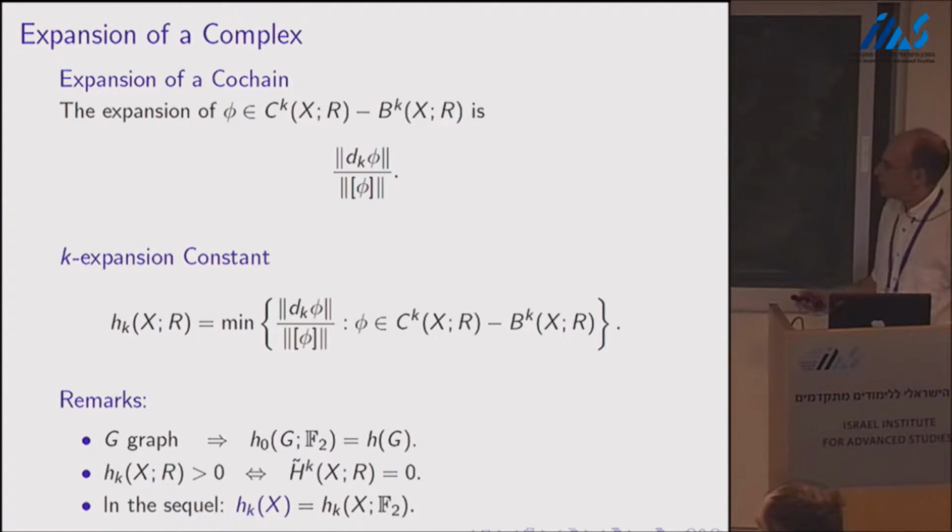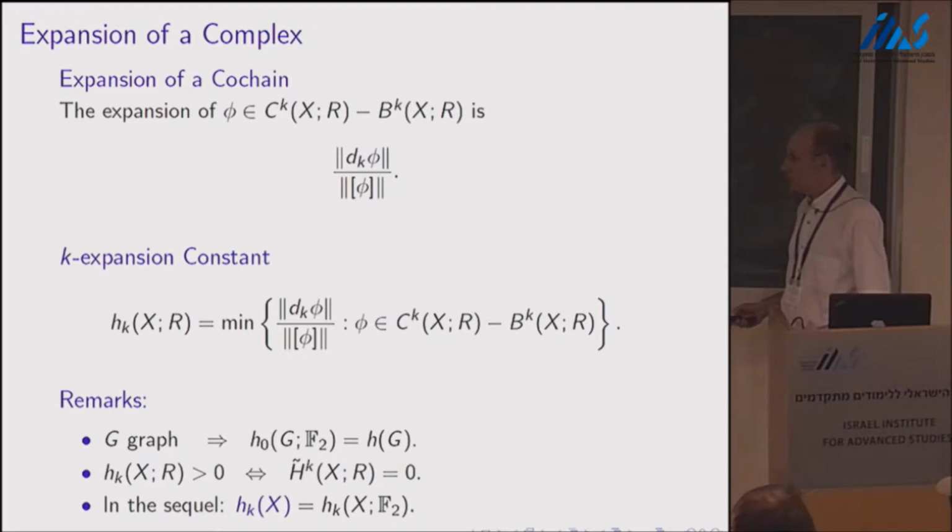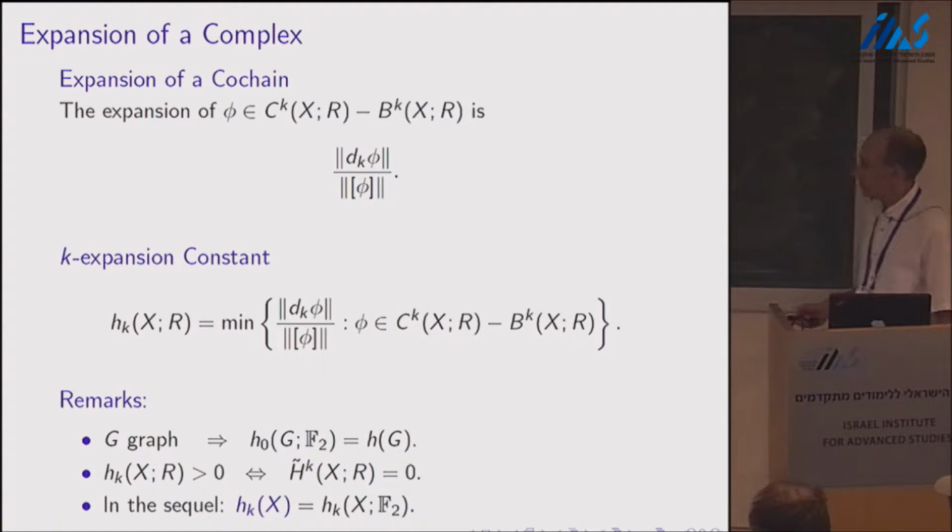So this, as I said, is a measure of the extent to which H upper k of X is trivial. And in many cases, we know about spaces that their kth homology is 0, but we want to quantify this, and this turns out to be quite useful.